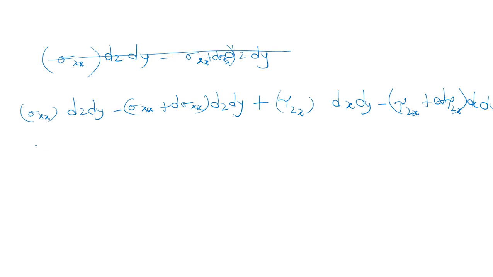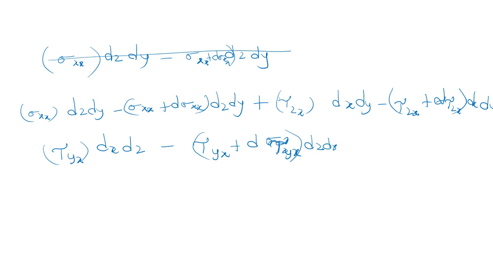Similarly, for another plane, tau yx multiplied with dx dz minus tau yx plus d tau yx multiplied with dx dz, plus f of x, the volumetric total force, multiplied with its volume dx dy dz, is equal to 0.